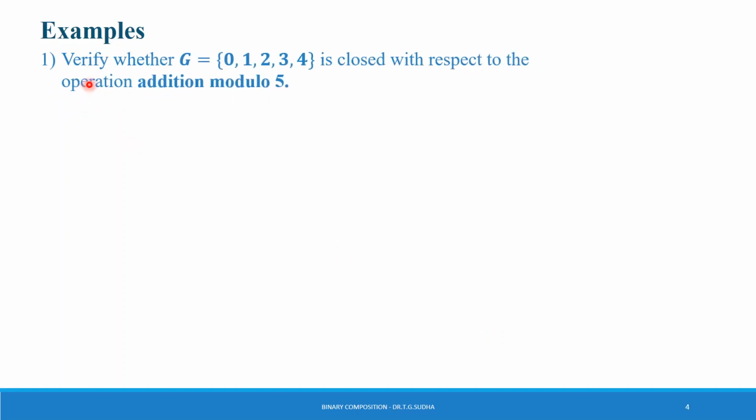Here, verify whether G equal to {0, 1, 2, 3, 4}, this is Z5, is closed with respect to the operation addition modulo 5. So Z5 is given and the operation is addition modulo 5. We need to verify whether this set G is closed with respect to this operation.